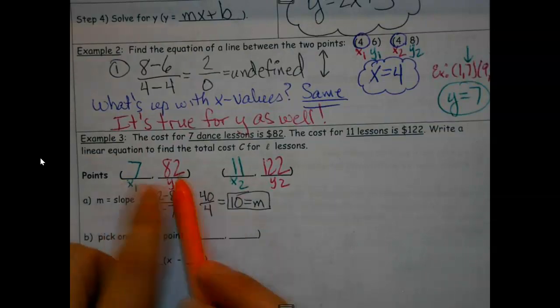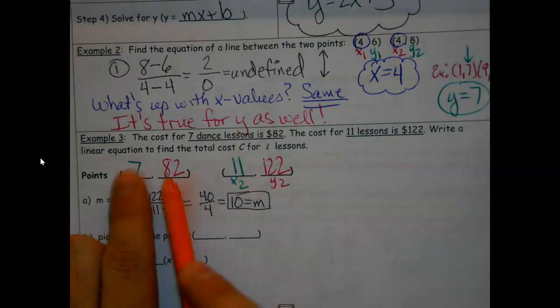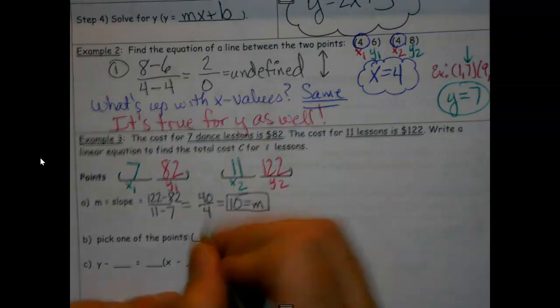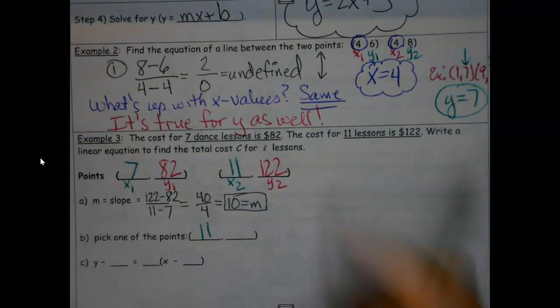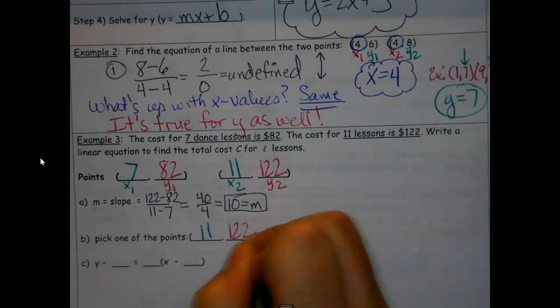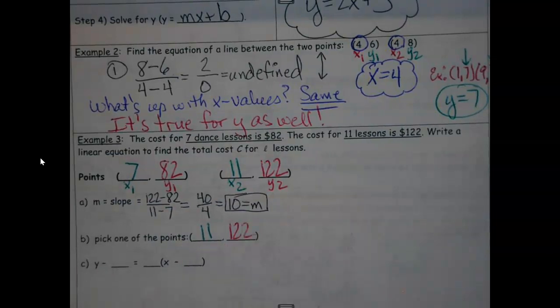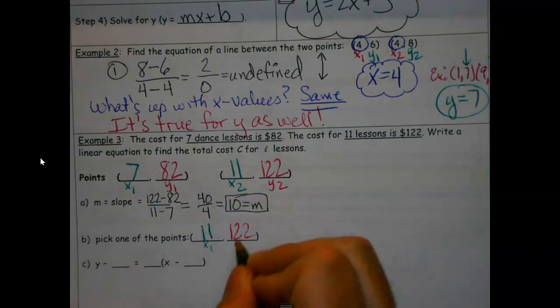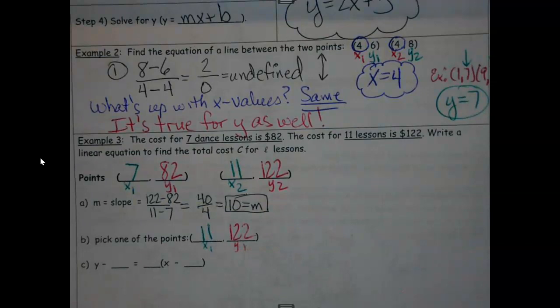Again, you can pick either point. It doesn't matter. Oh, let's mix it up. Let's do the bigger one this time. So we're going to do 11 and 122. Reminding ourselves that I've got all the info I need.